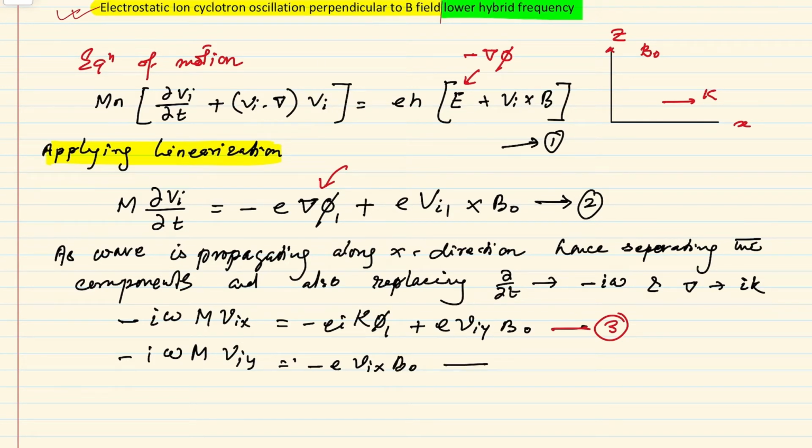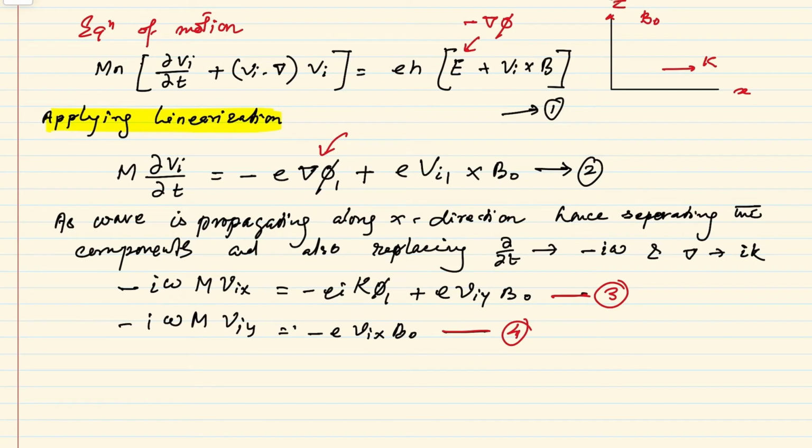This is equation number 4. The z component will be 0, because the wave is propagating along the x axis, so minus i omega M viz is equal to 0.